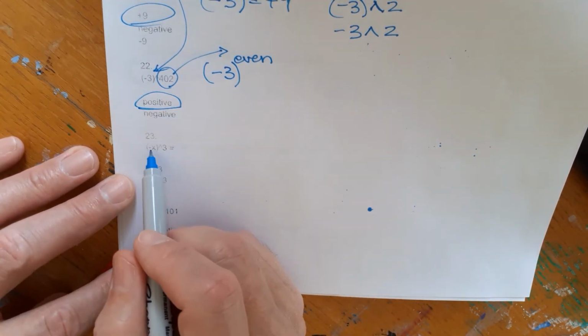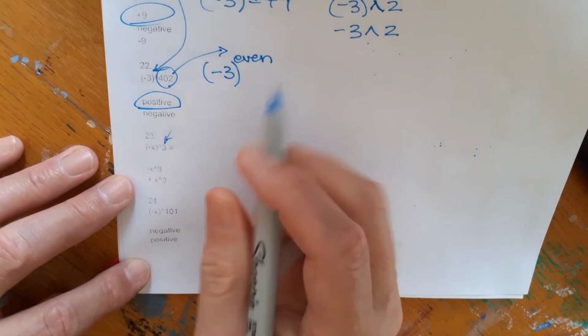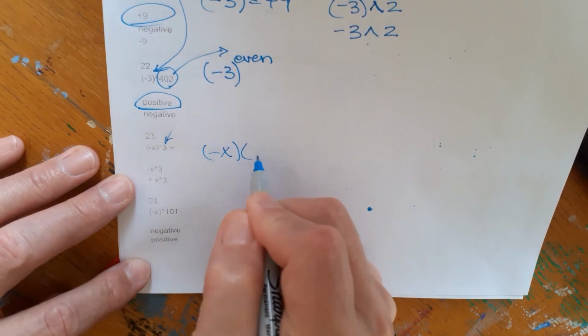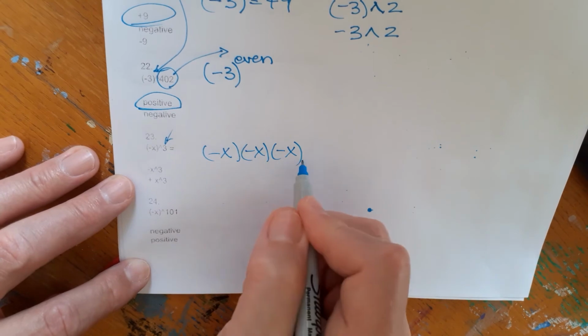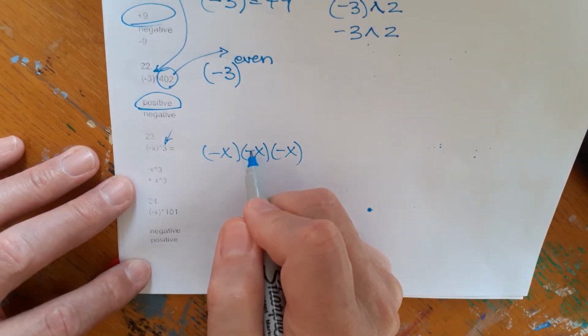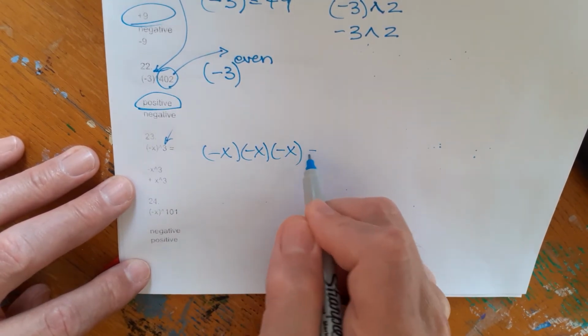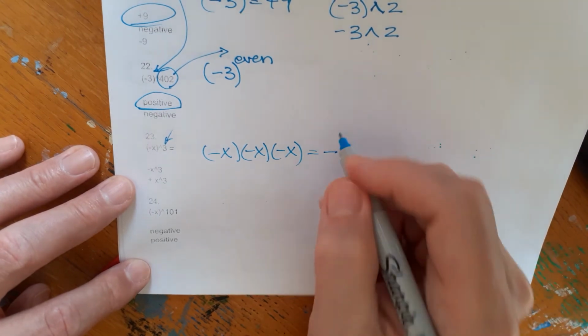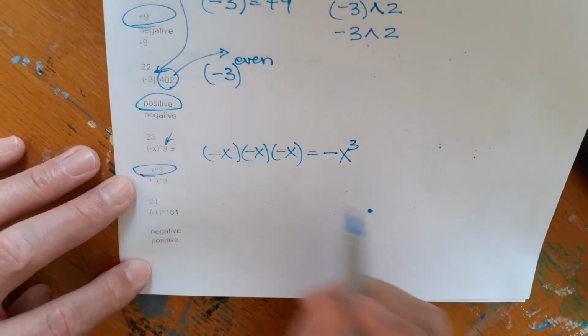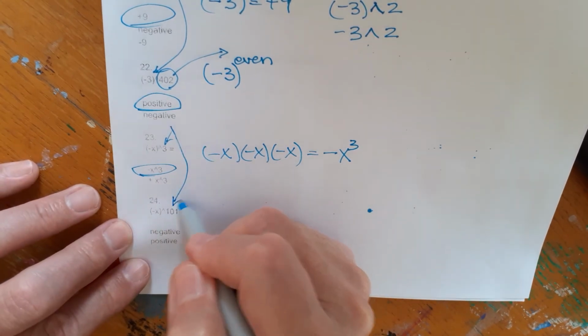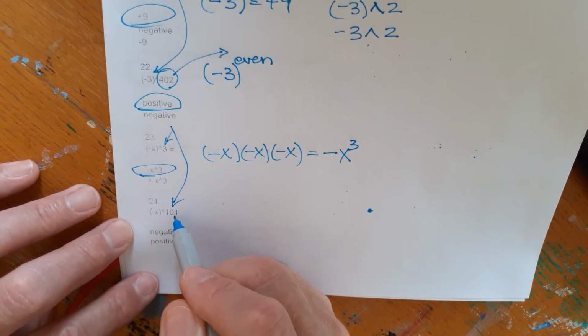Here it is again, now with an odd number, so we used 3. Well, negative x times negative x times negative x, I can do 3 of them to the power 3, right? Negative times negative is positive. Positive times negative is negative. This answer is going to be negative, and in this case, it's negative x cubed. Now what they're doing is going up to an absurdly large odd number, 101.